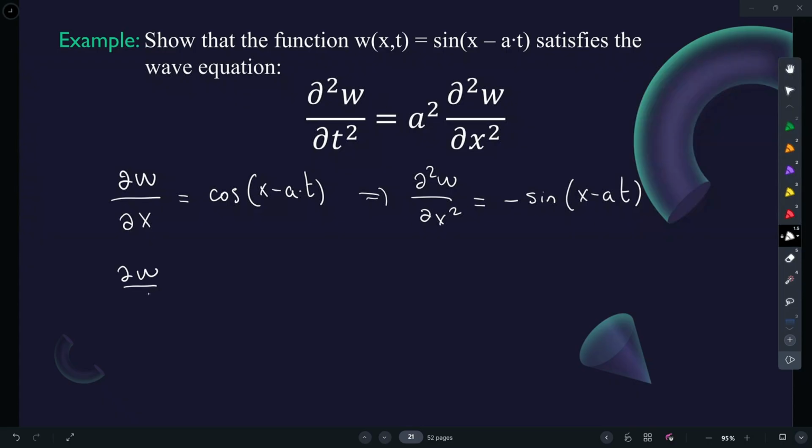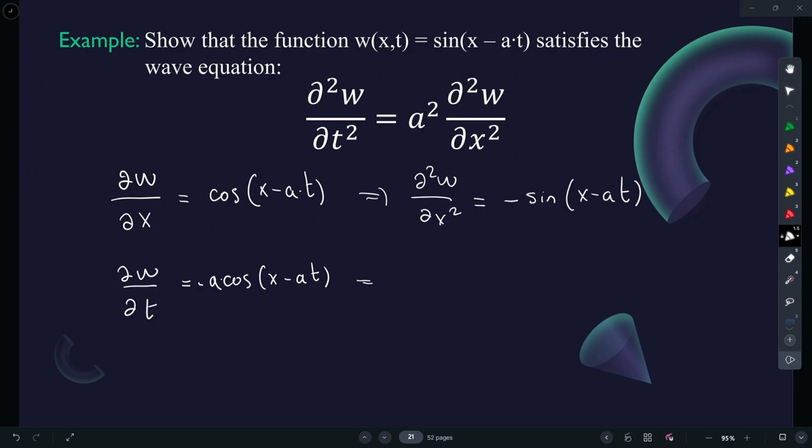If I take the derivative of this function with respect to t, now I get cosine evaluated at the inside times the derivative of the inside with respect to t, and now that derivative is minus a.